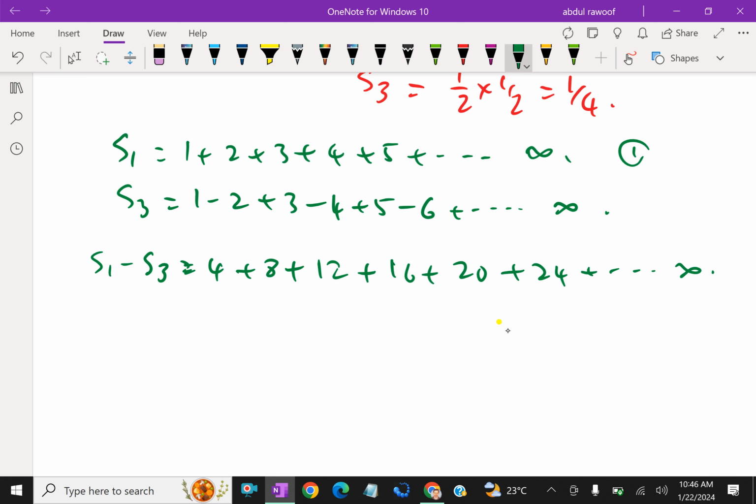Then take 4 common: this one is 1, 2 fours are 8, 3 fours are 12, 4 fours are 16, and so on.